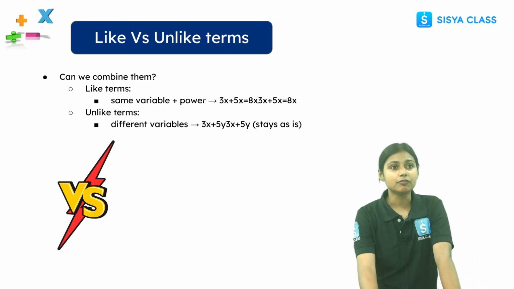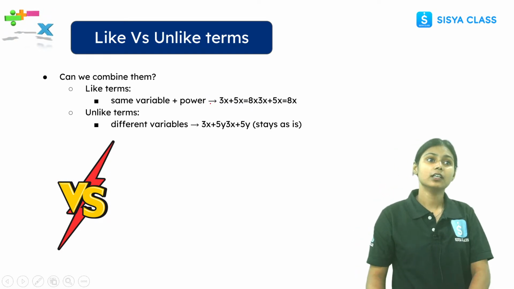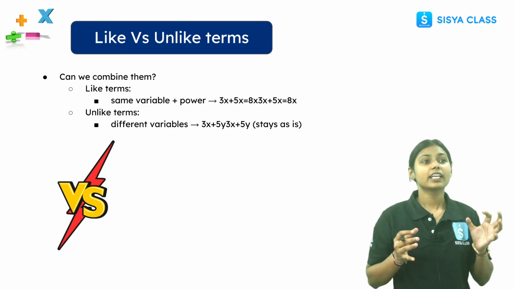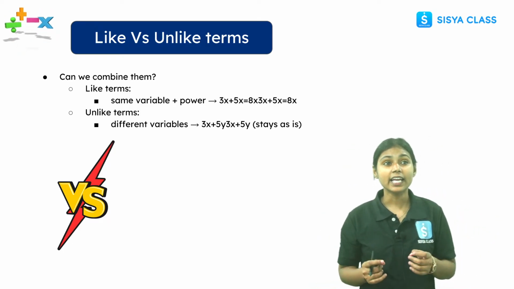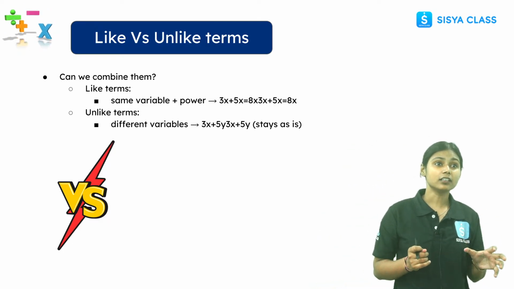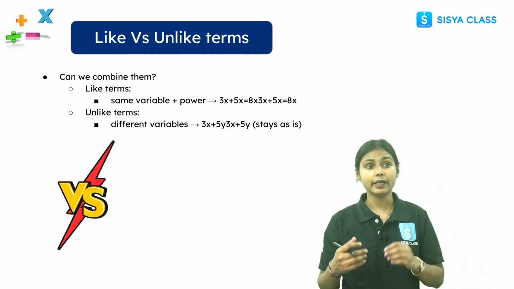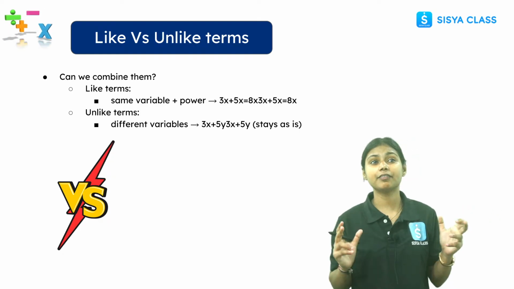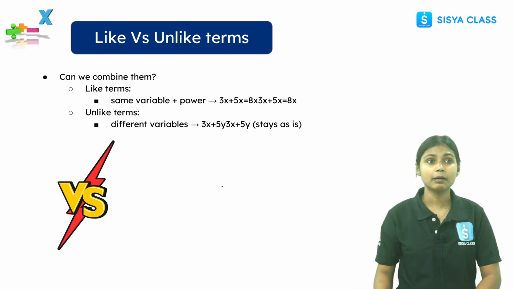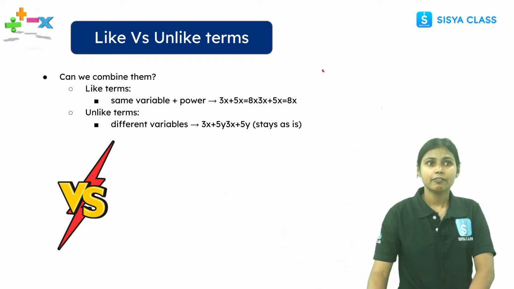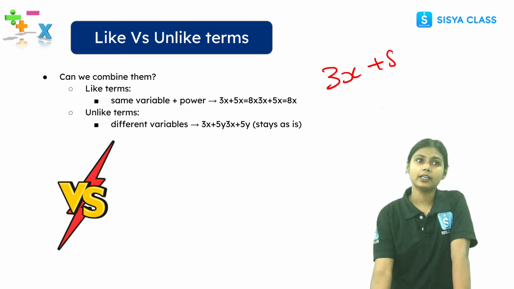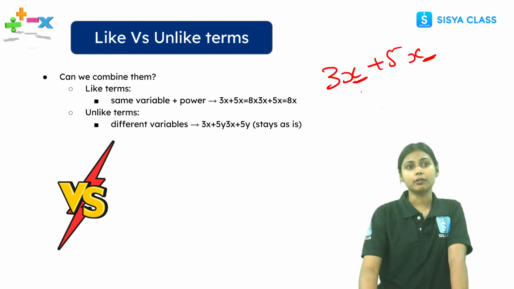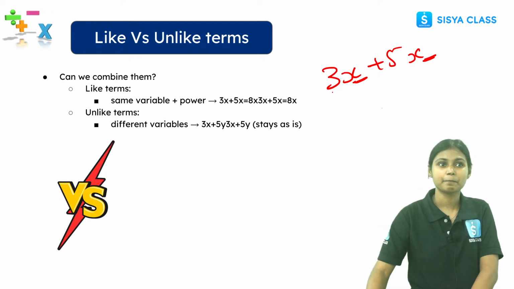Now, like versus unlike terms. What is a like term and what is an unlike term? Can we combine them? Like terms are terms which have the same variable and power, and unlike terms have different variables. For example, here we have 3x plus 5x. Both have the same variable, x.